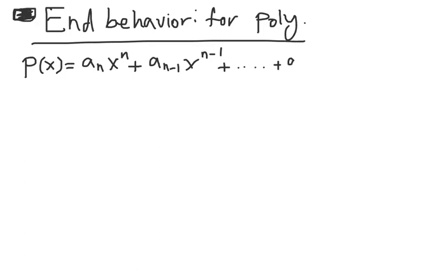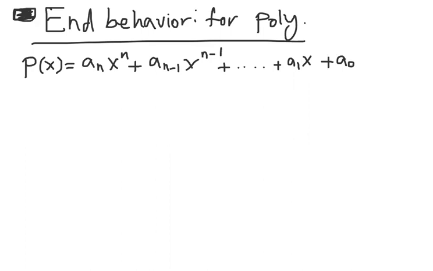So from this part, we know how to define the end behavior for the polynomial function. I give you a small definition. Let p of x equal a_n x to the n plus a_(n minus 1) x to the (n minus 1) plus, going down to a1 x plus a0. This is the polynomial function.